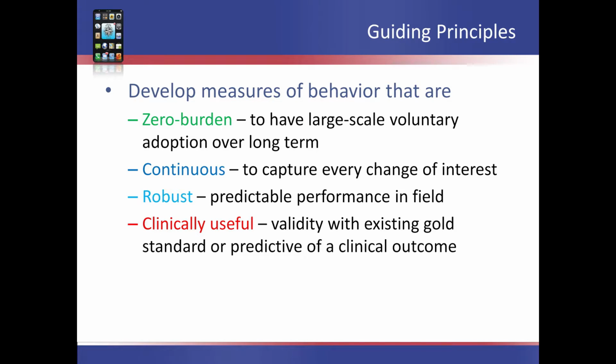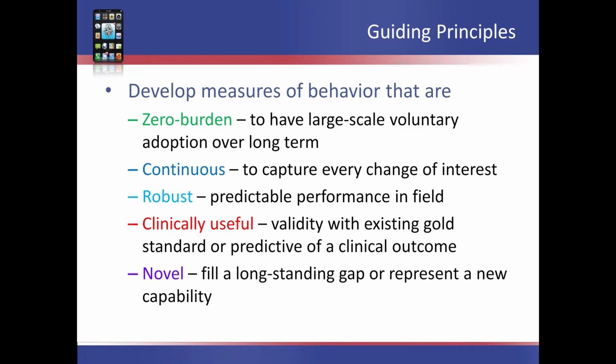And then the whole purpose of developing a new measurement is that it helps improve some clinical outcome. So we should always ensure that what we develop is clinically useful by either validating with an existing gold standard or demonstrating its predictive utility in a clinical outcome.